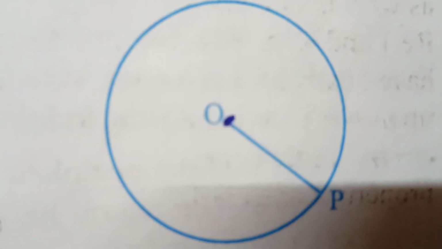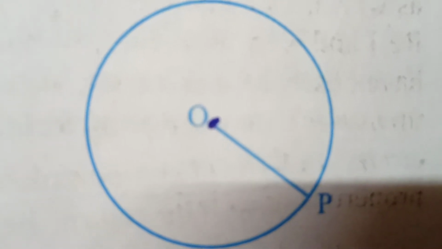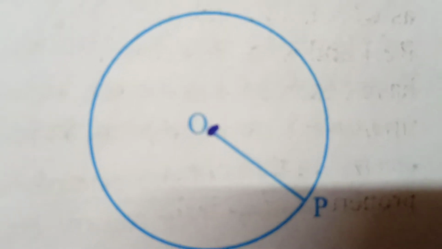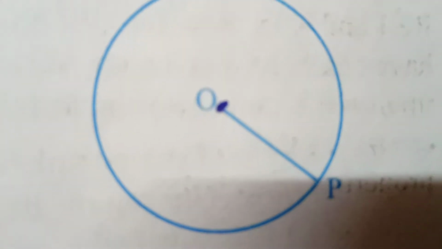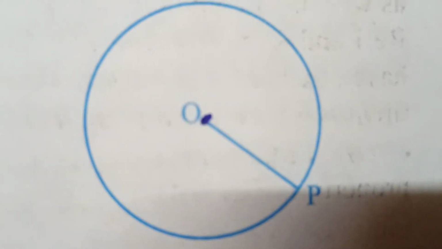The fixed point is called the center of the circle. O is the center of the circle in the figure, and the fixed distance is called the radius of the circle.